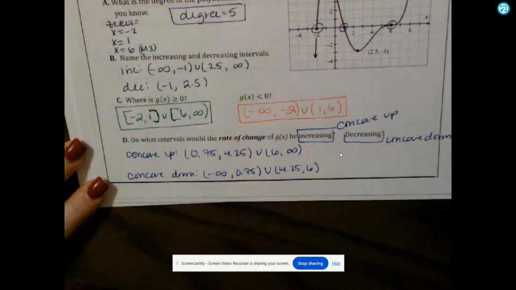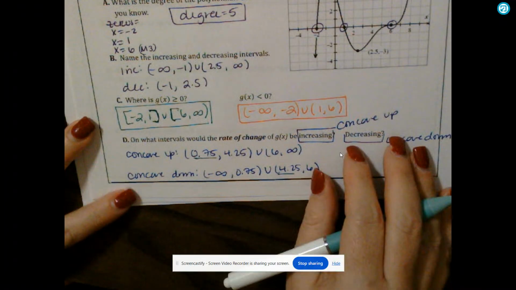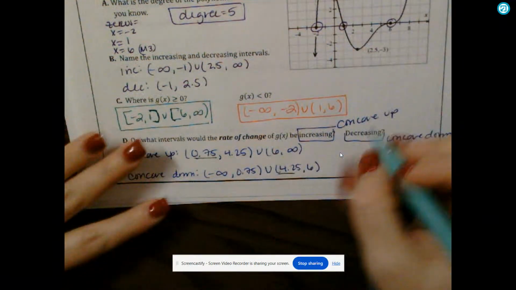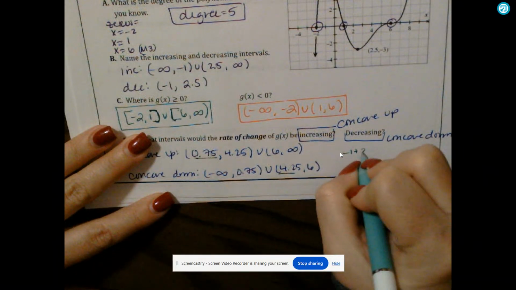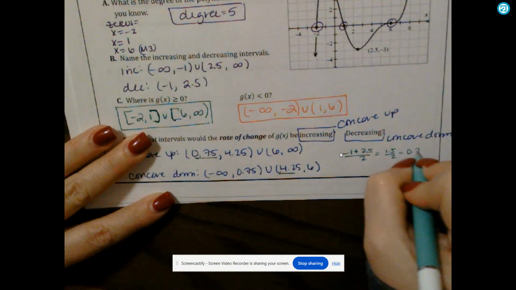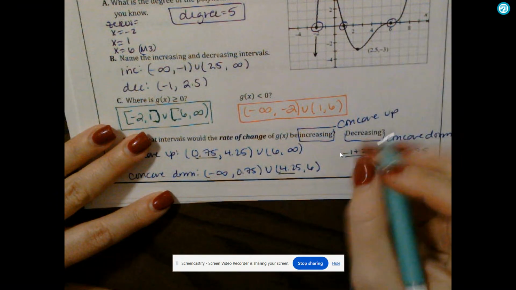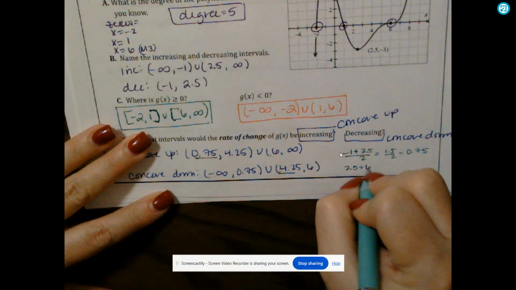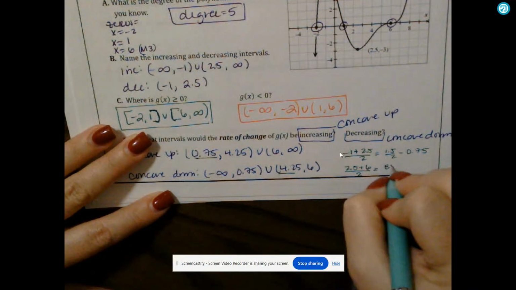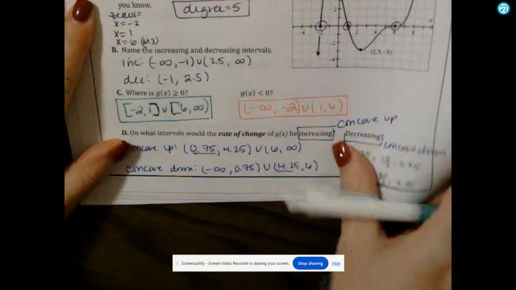Those values were found by doing the halfways. Literally negative 1 plus 2.5 divided by 2 is 0.75, and then 2.5 plus 6 divided by 2 is 4.25. That's where those values came from. Halfway between mins and maxes.